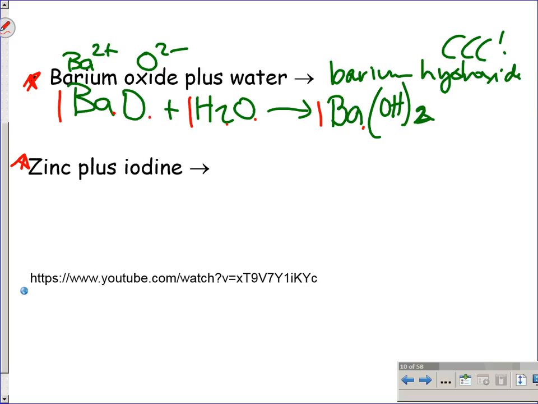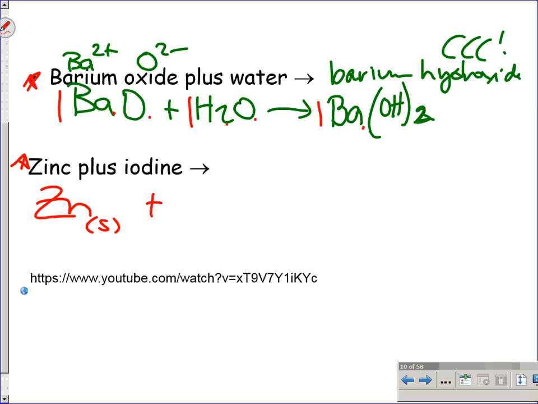Ashton, what are you writing down? Zn. And if I had to put a state of matter here, what would I likely put for zinc? Thanks, Ashton. Good job. Solid, because it's a metal, and most times metals are solid at room temperature. Okay? That's just me making sure you guys remember some of your states of matter.